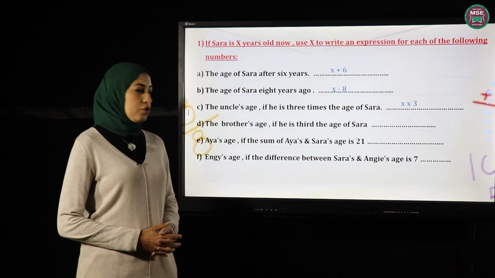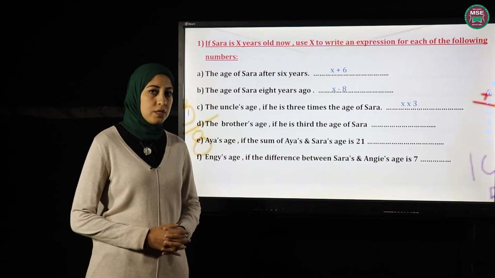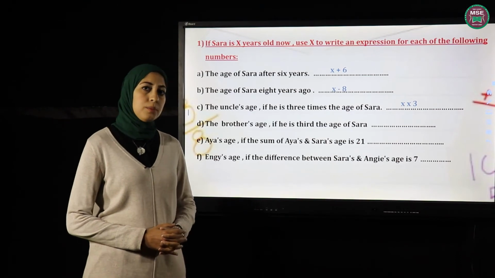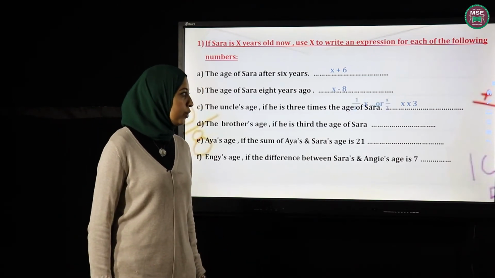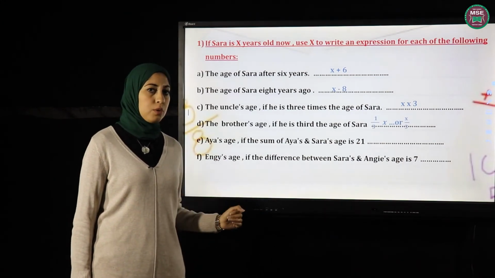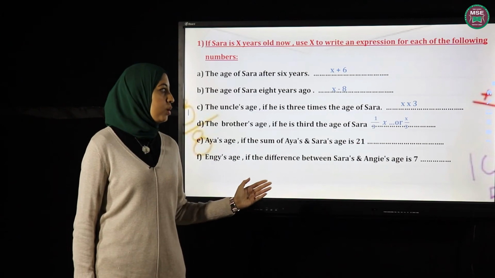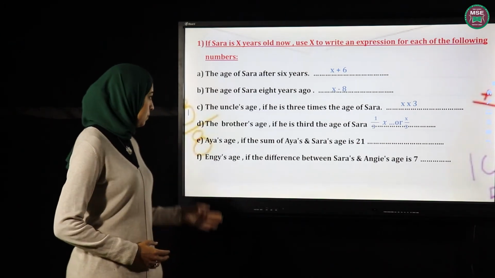The brother's age, if he is 1/3 the age of Sarah. 1/3 means 1/3. So the answer will be 1/3 times x, or 1/3x, because times is a hidden sign. 1/3x, or you can write it x/3.